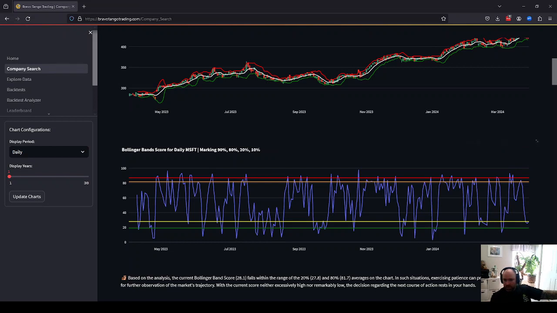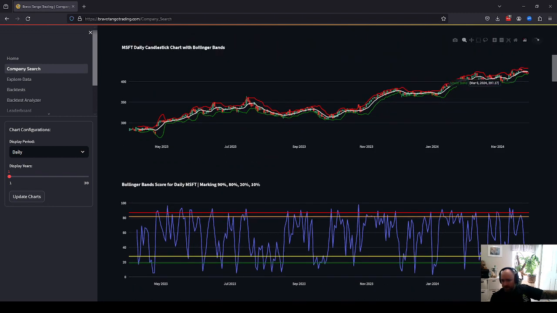You can see where it's bouncing around back here. It's certainly low, the Bollinger Band score, but it's not low enough to technically indicate a buying opportunity. It looks like yesterday it probably did just a little bit. Certainly a few weeks ago, when it was below the green line, that would have indicated it might have been a good time to buy.